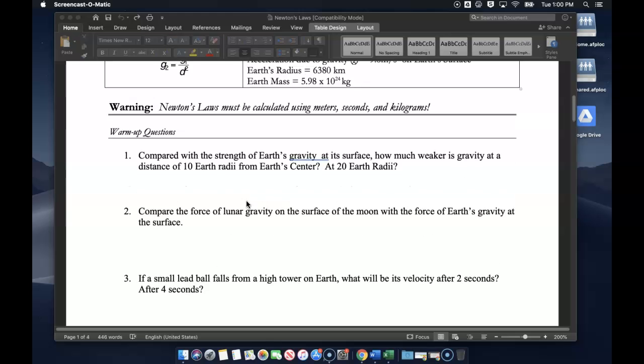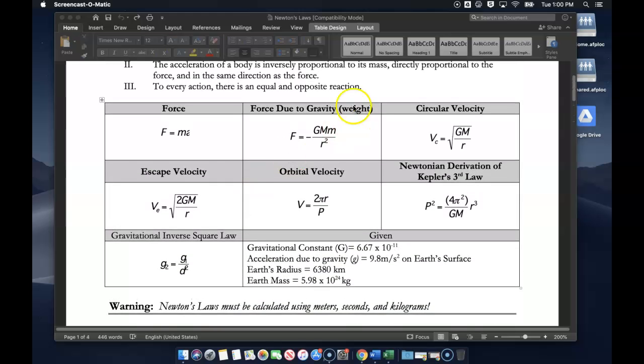And for each of these, you're going to be measuring using the equation that's found right here, force due to gravity, weight. This is for any gravitational body for which we have the gravitational constant, big G, which is always 6.67 times 10 to the negative 11th right here, times big M. Big M is the mass of the planet, or the larger of the two objects in any case.